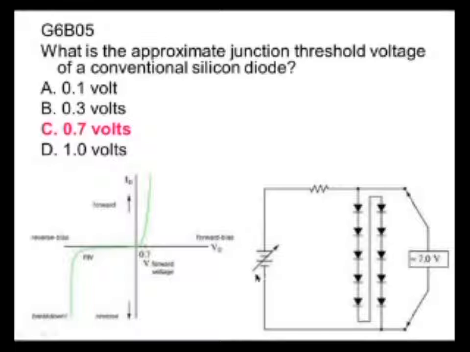Here we have a variable DC supply, and we have a resistor, a load resistor of some kind, and these 10 diodes will hold the voltage at this point to 7 volts because they conduct there.